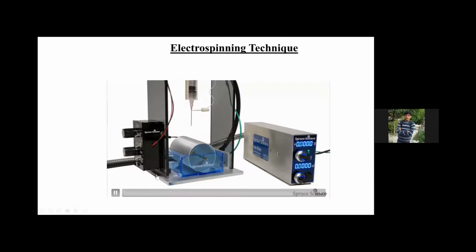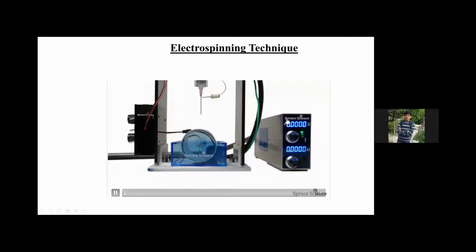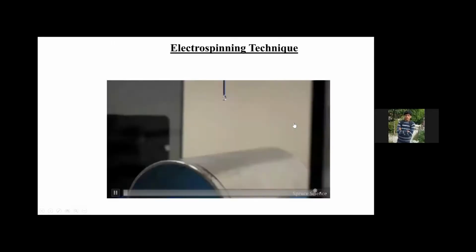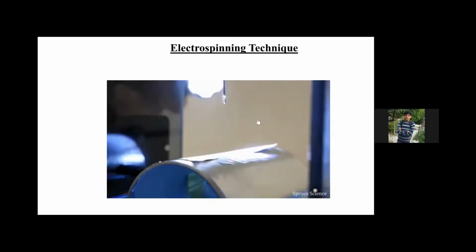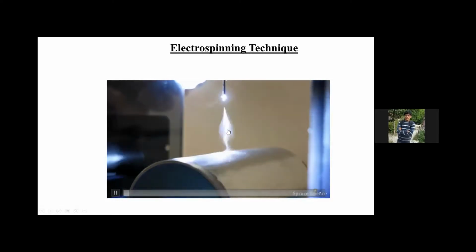This is the spinning instrument, and this is the voltage source. Remember one thing: it needs a high voltage, because once we apply the high voltage, the liquid suspension forms a nanofiber, and this is the substrate. We can deposit it here like this.